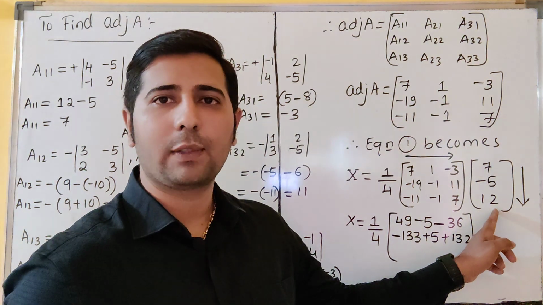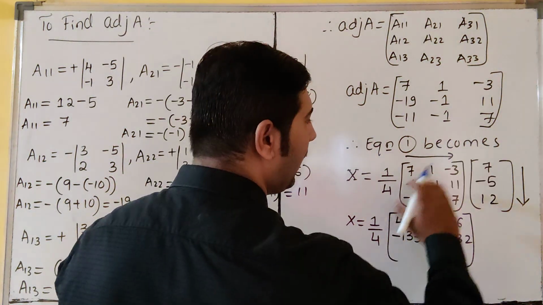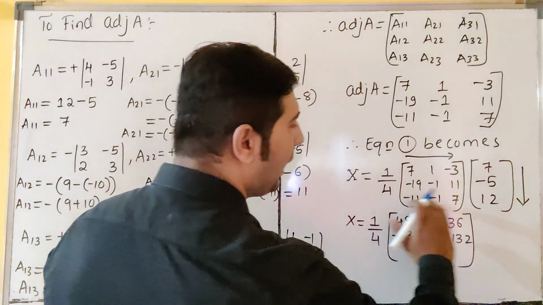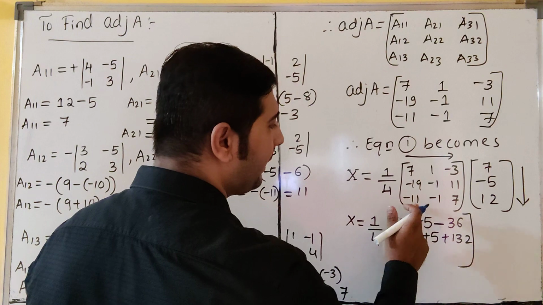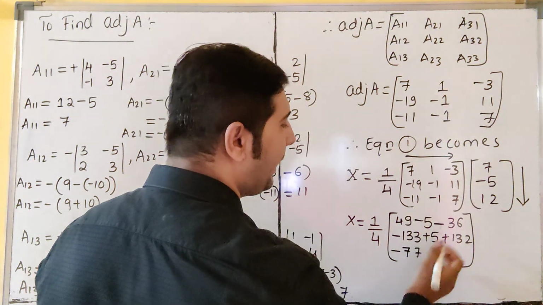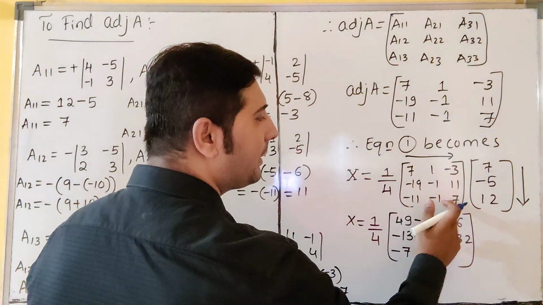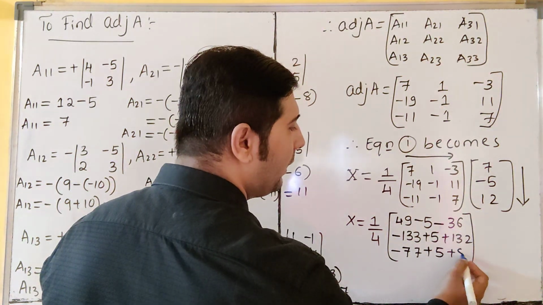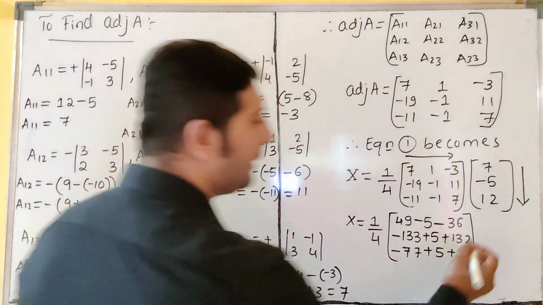So now second row, first column is over. Now third row, first column. Minus 11 into 7 is minus 77. Minus 1 into minus 5 is plus 5. 7 into 12 is 84, dear students. Understood?